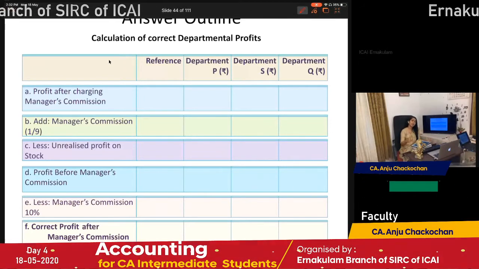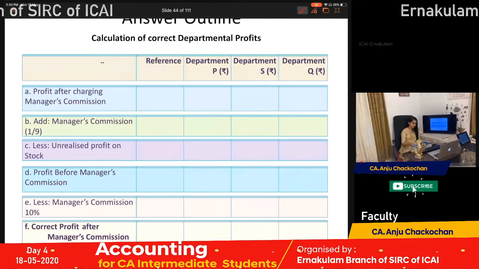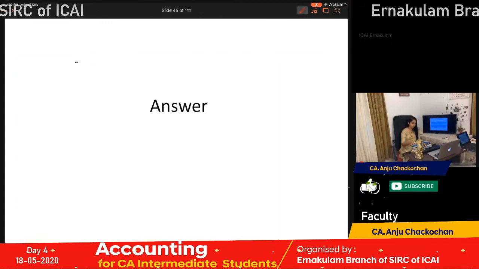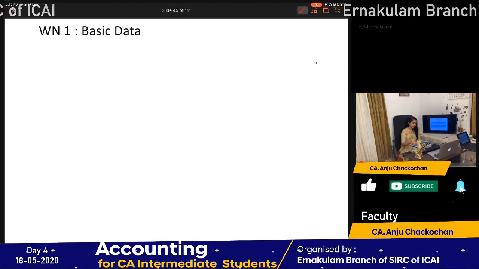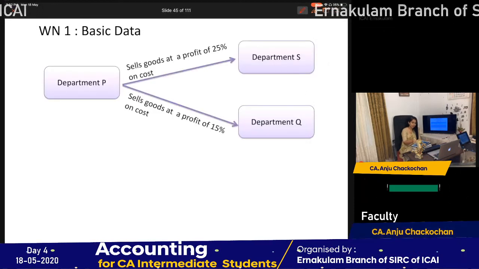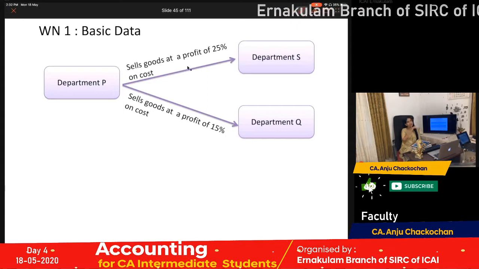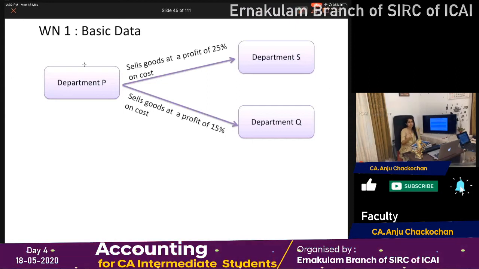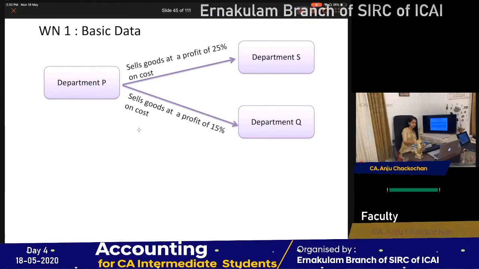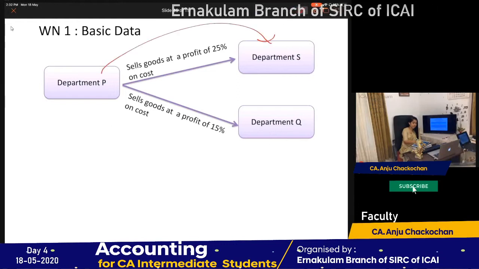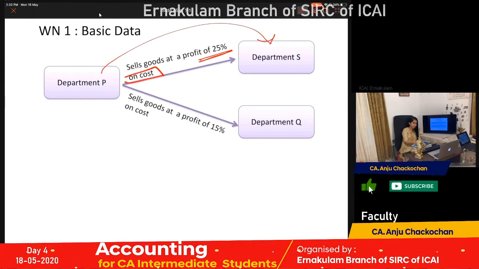So you have the outline. Now we start with the working notes. Okay, so we have working note number one. See, department P is the selling department, because this was given in the content, not as a table, so it is better to have these working notes. Department P sells goods to department S at a profit of 25% on cost.